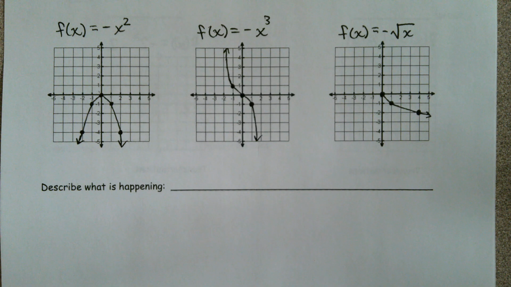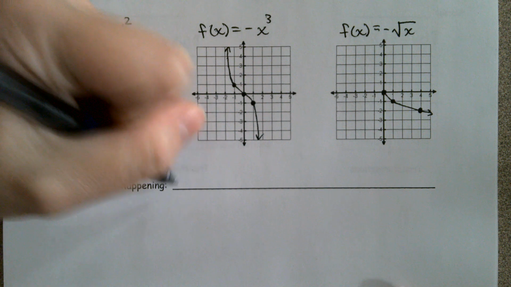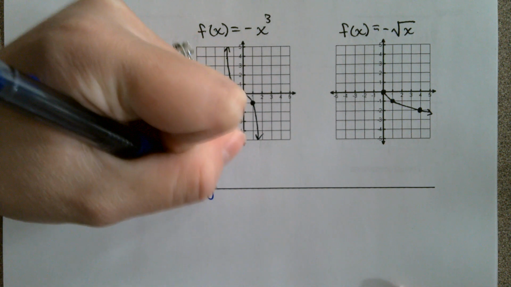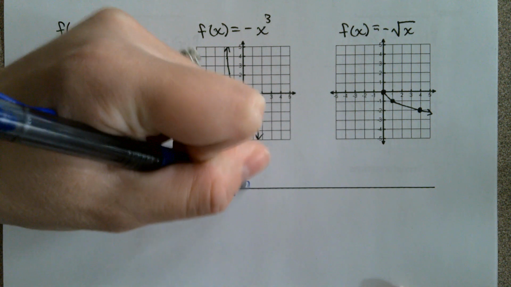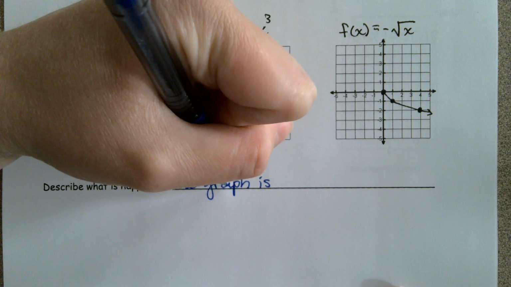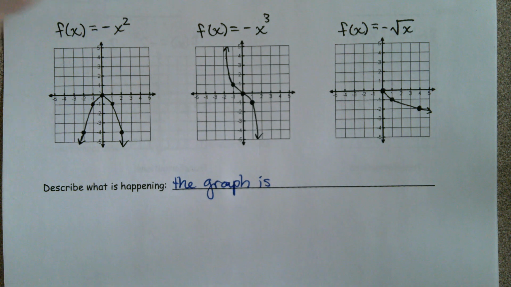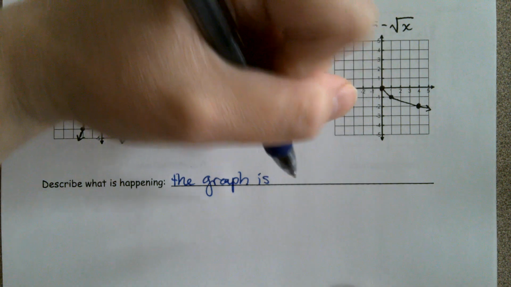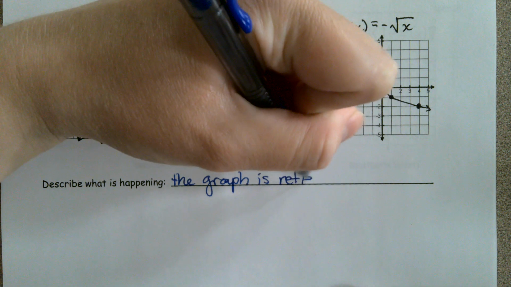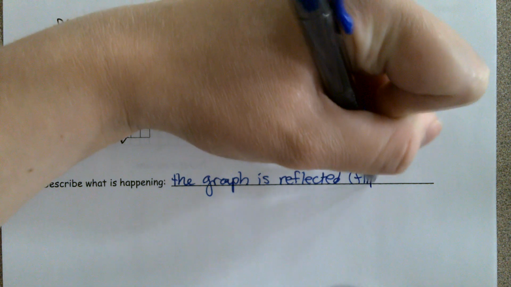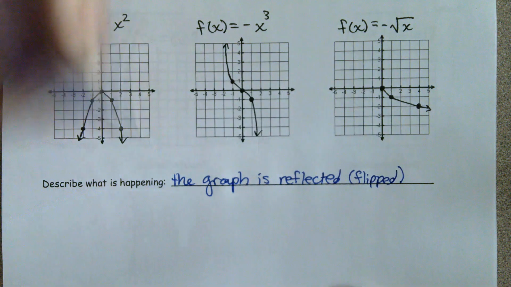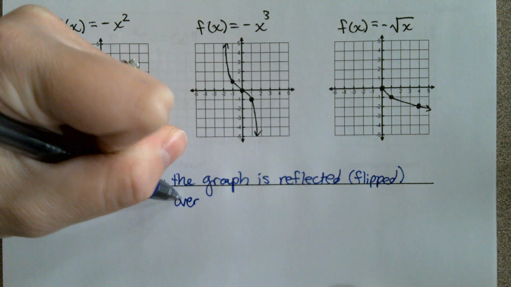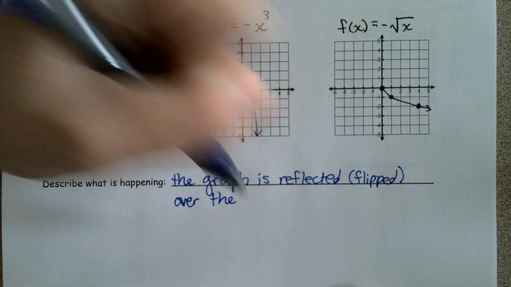So at the bottom, it says describe what is happening. The graph is, now we don't say flipped, this is called reflected. It's a reflection. But you can still put flipped in parentheses over the x-axis.